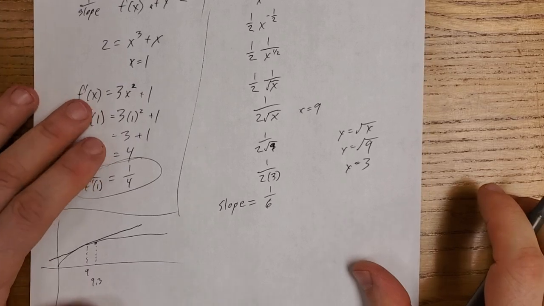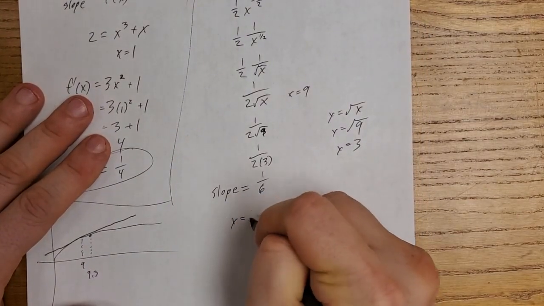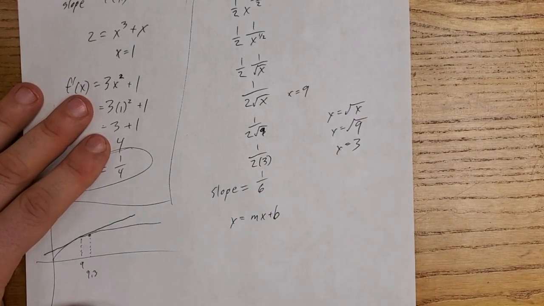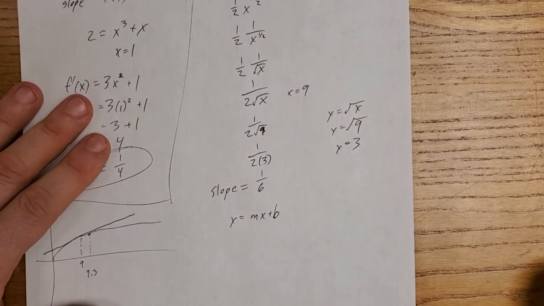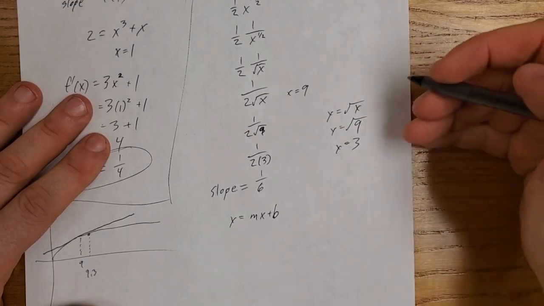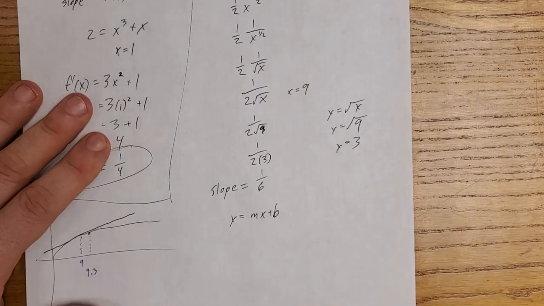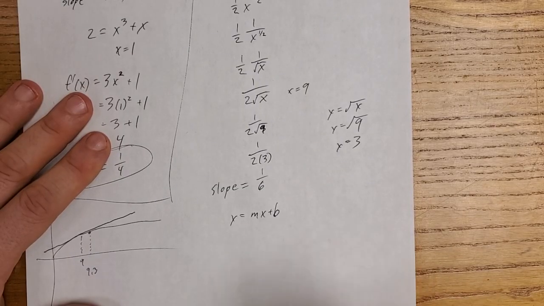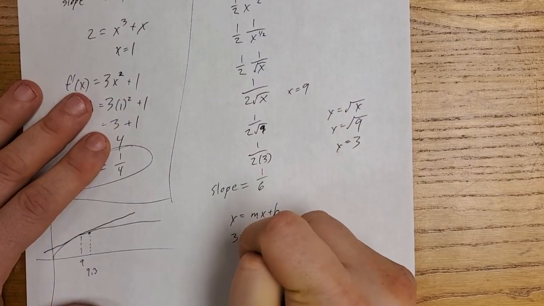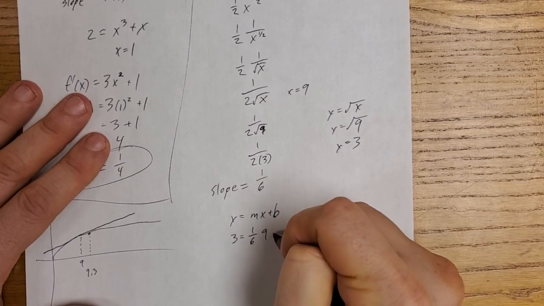And we need to know that because we need the formula of that line in the traditional y equals mx plus b formula for a straight line, where m is the slope and b is the y-axis intercept, how high or low it is. So we know most of these things. y equals 3, the slope is 1/6, the x value is 9.